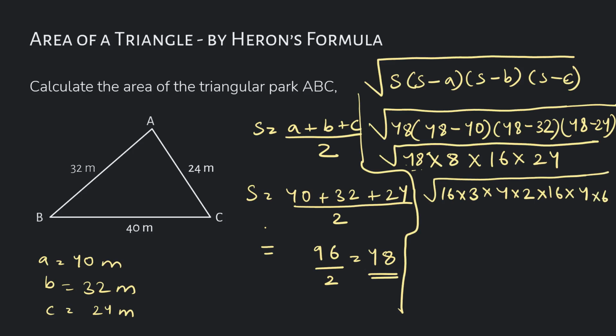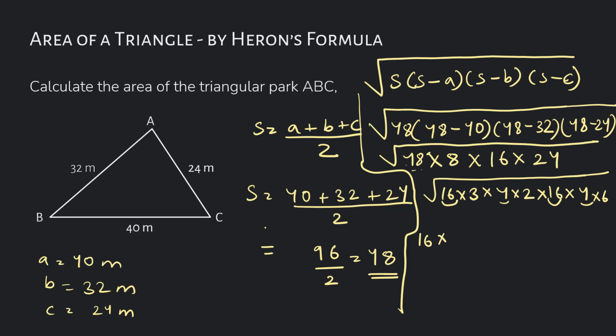Now let us take out the terms which are coming twice. Once we pair them up, we only have to take out one of the terms outside. That is, let us pair 16 as there are two 16s. Then let us pair out 4. Let me write in the next line. We have paired out 16, so we'll take out 16 from the square root.